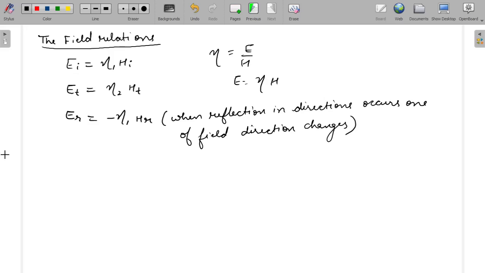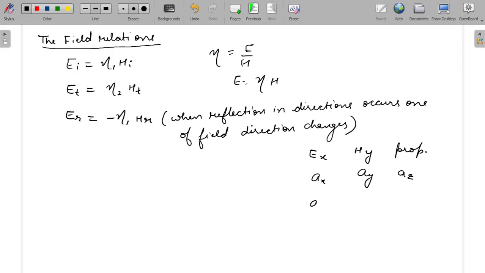Now we can apply our boundary condition, and before that let's have a note point. We already studied this, that is Ex, Hy and propagation direction. If the electric field is in the Ax direction and the magnetic field in the Ay direction, when we curl our fingers from Ax to Ay, our thumb is showing in the Z direction, so propagation is Az.